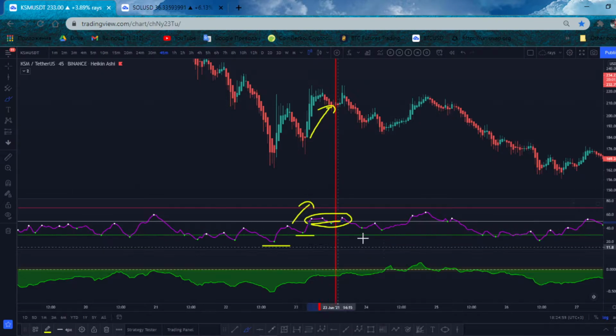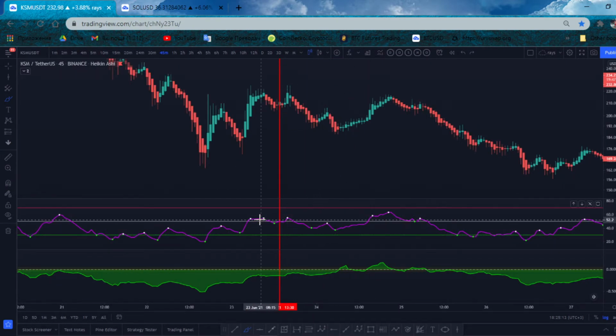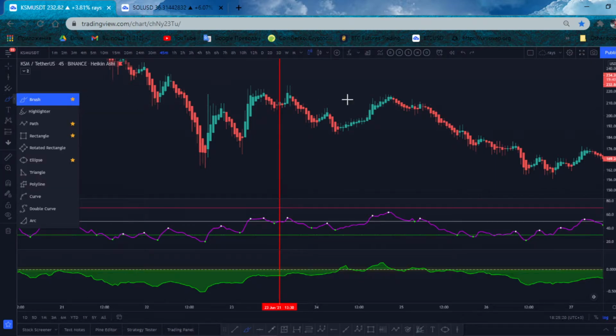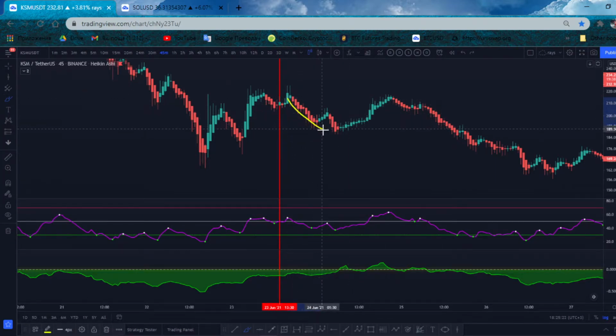It can't go through the middle line, the white line, excuse me. And so we're making tops right here on the middle line. After the third top, you can see here 1, 2, 3 tops, what's going to happen? We're gonna see a rejection right here. But the money flow is still going to the upside. So money is going into the market.